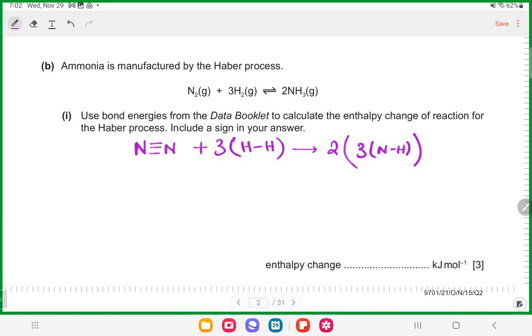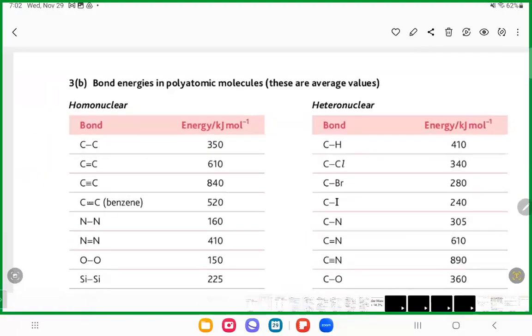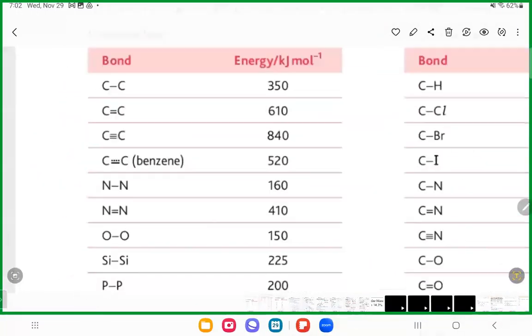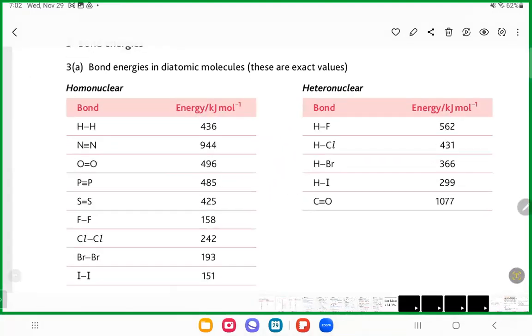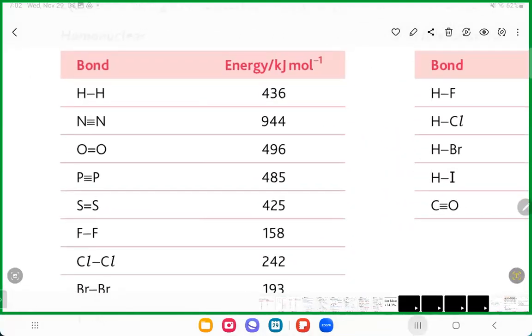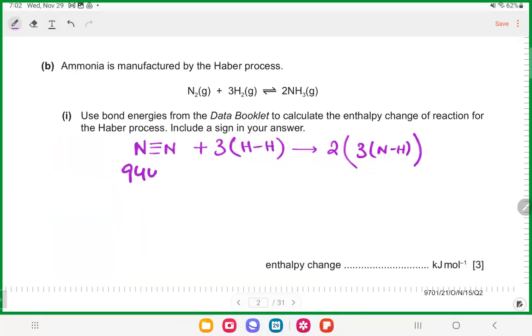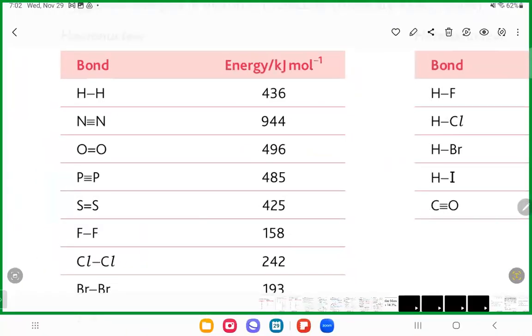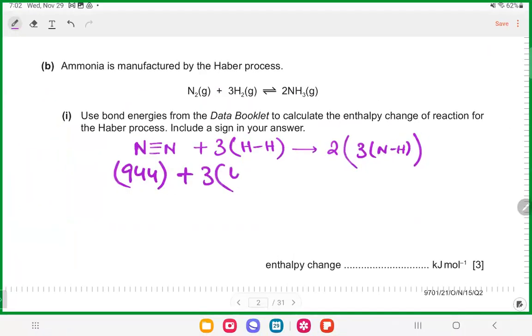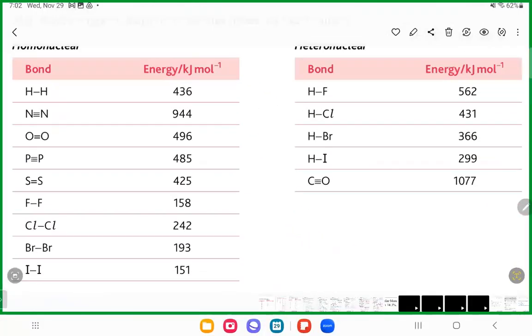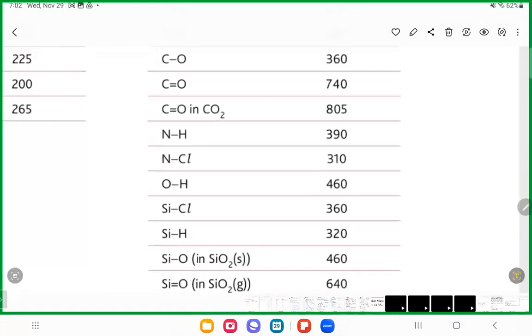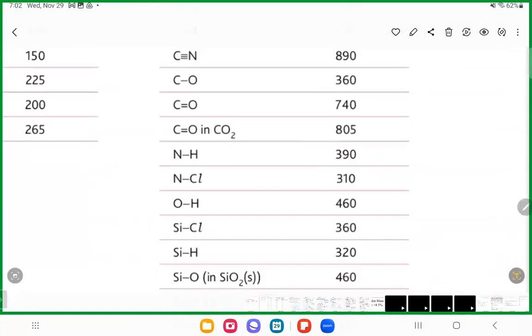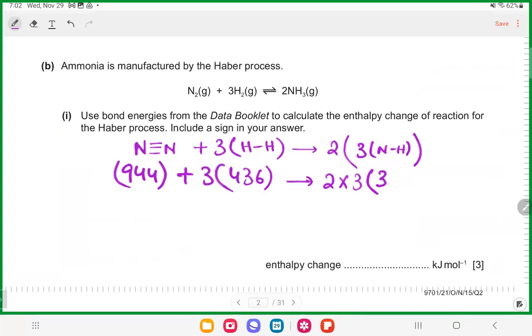Clear? नाइट्रोजन नाइट्रोजन triple bond की energy यहां से देख लेना, energy is 944. तो मैंने इसकी value लगाई 944 plus 3 times of hydrogen hydrogen which is 436, 436 making 2 times और 3 times of NH bond. NH bond हमें यहां पर मिलेगा बेटा, is 390. So yes, I use 390 here.